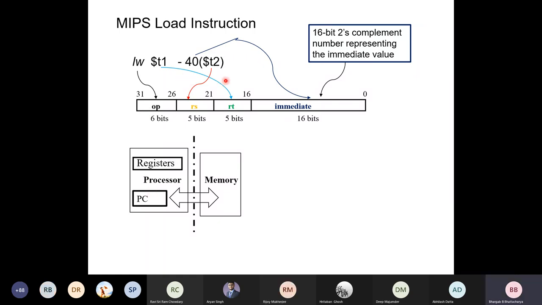Okay. Now you compute the address of memory, the address of data. Again, this 32-bit data address has to be passed from processor to memory. The data has to be retrieved and passed again to the processor side, again 32 bits. So how many bytes are getting transacted? So many bytes are being transacted from left side to right side and right side to left side.